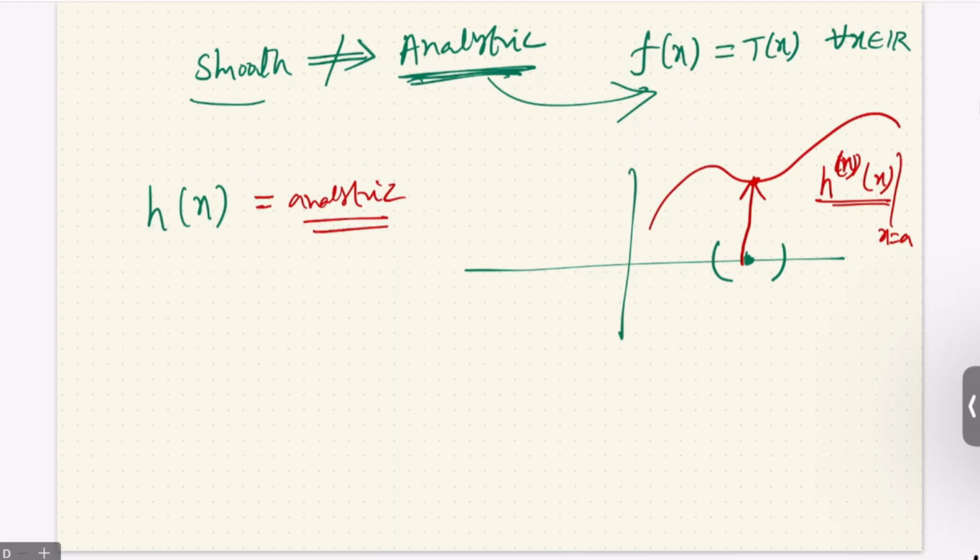I don't need to know what is going on elsewhere; this information is sufficient for me to construct the entire function.